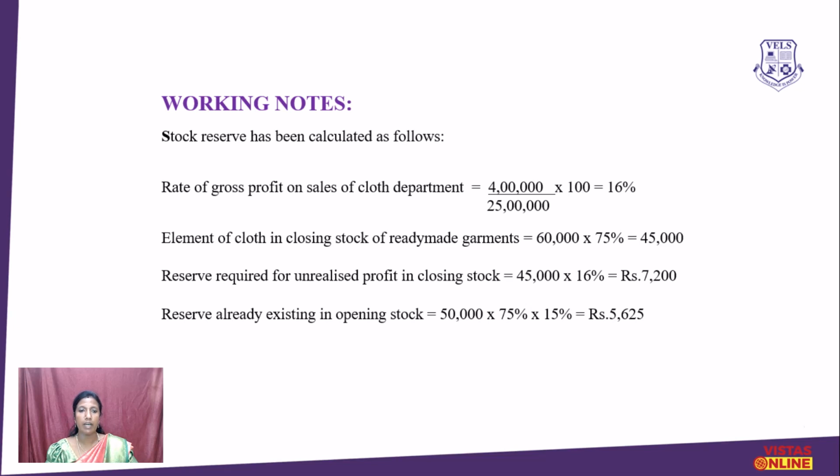Reserve required for unrealized profit in closing stock equals 45,000 into 16% equals 7,200. Reserve already existing in opening stock equals 15,000 into 75% into 15% equals 5,625. That is the already existing opening stock reserve.